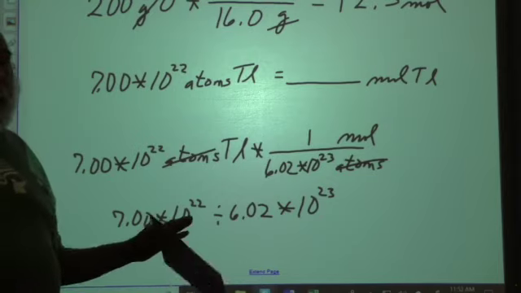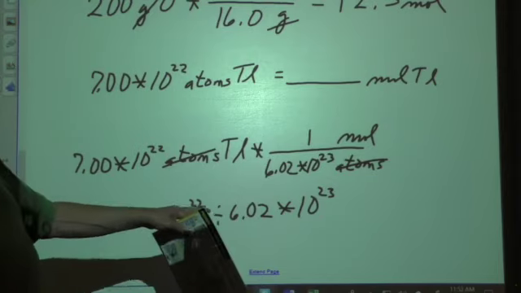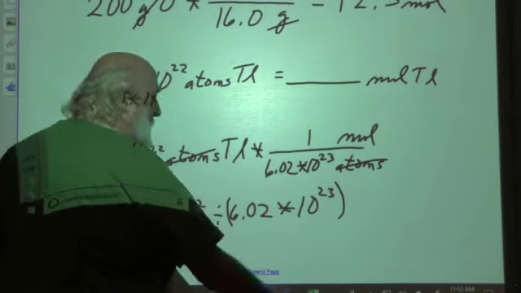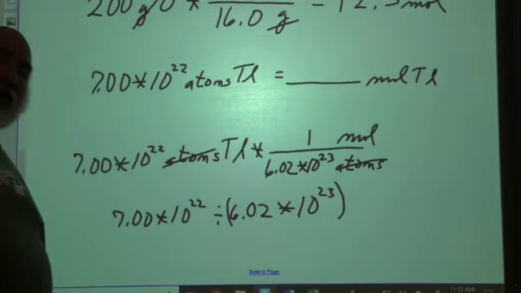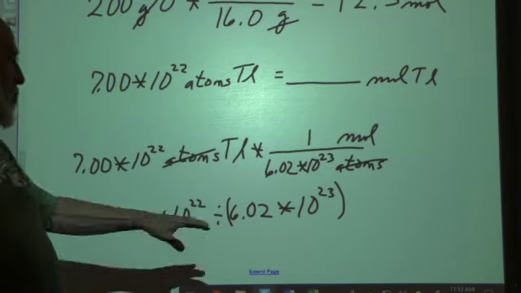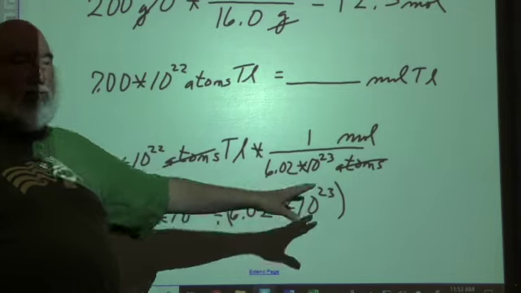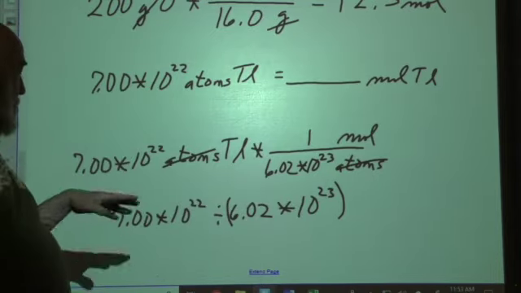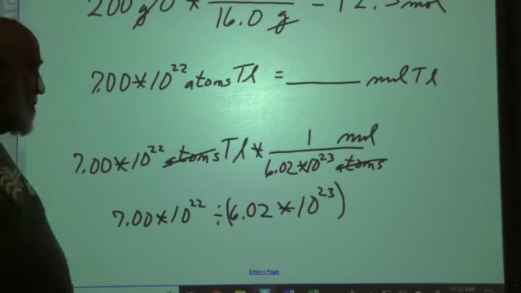Well, one way, if you prefer to write your problems like this, is that you must put the whole thing in parentheses. Then the calculator follows the rules of operation by doing the parentheses first, and then dividing that into 7.00 times 10 to the 22nd.